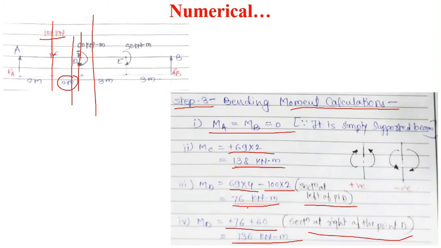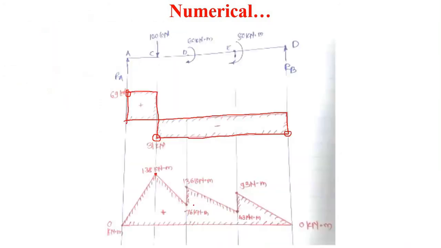MD is equal to 76 kilonewton meter when we take a section at just the left side of D, and when we take a section at the right side of D, we get the value of moment at D as 136 kilonewton meter. So mark these two points, 76 and 136.